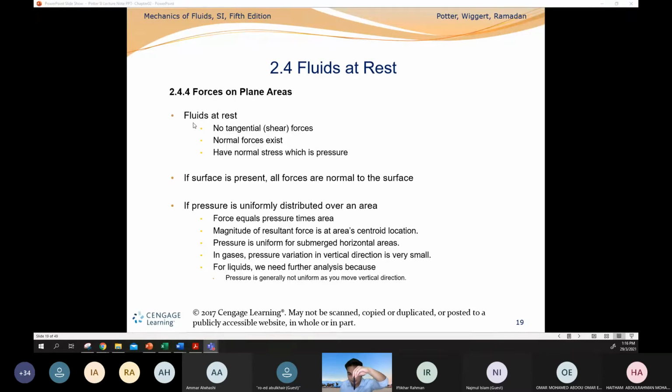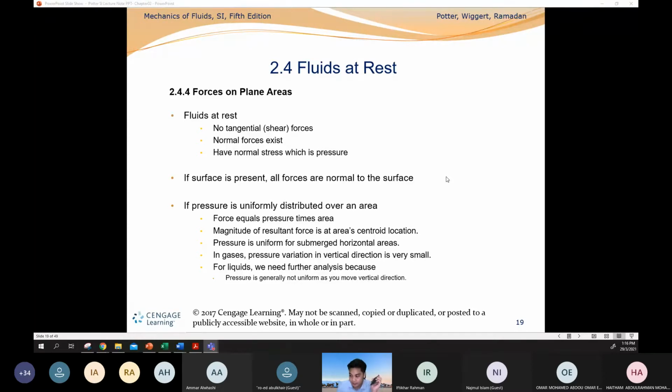So for this vertical plane, the force will act in this direction, perpendicular to the surface. If pressure is uniformly distributed over an area, force equals pressure times area.